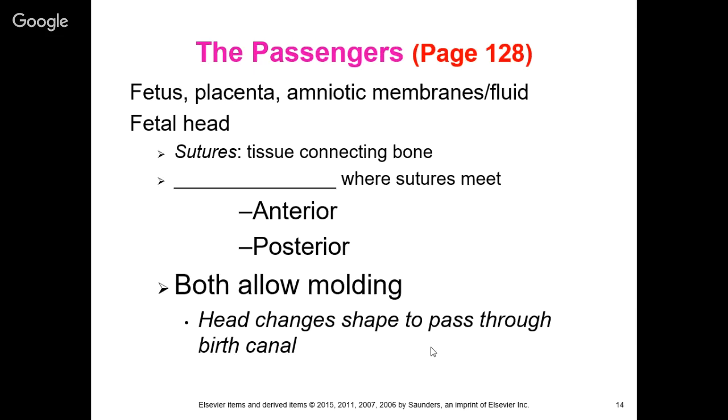So there's an anterior and a posterior fontanelle. They close at different times. The posterior fontanelle will close first. The anterior will close later on, and that could be up to 18 months. Both allow for molding so that the head can fit through the birth canal.